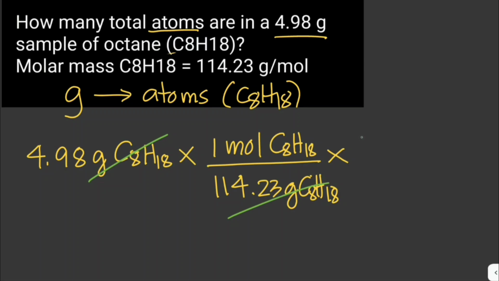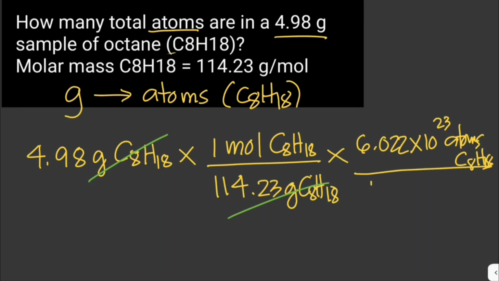So this is times 6.022 times 10 to the 23rd atoms of C8H18 per 1 mole of C8H18. So the mole unit cancels out. Then we're left with number of atoms.